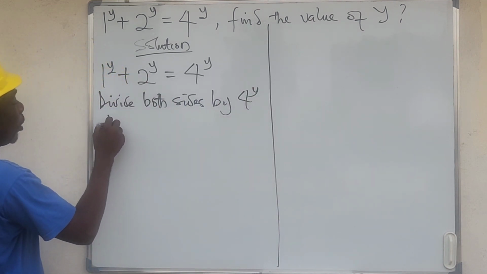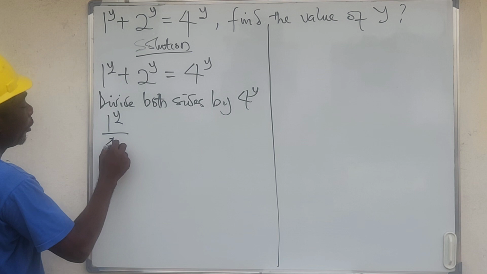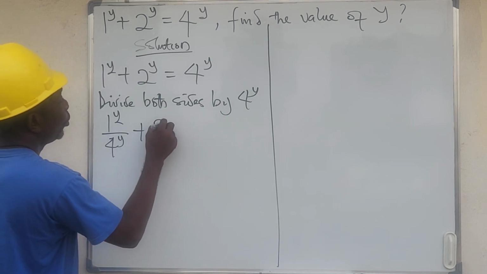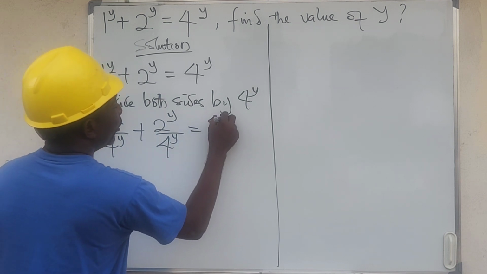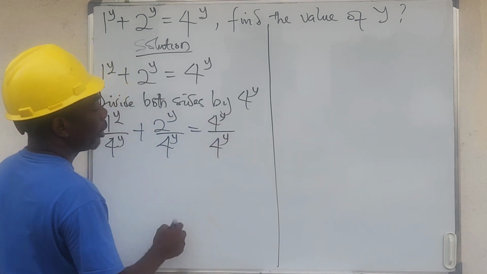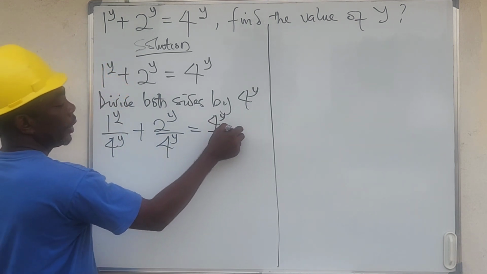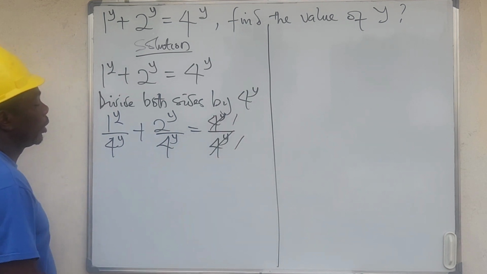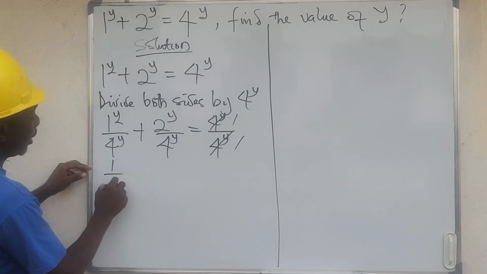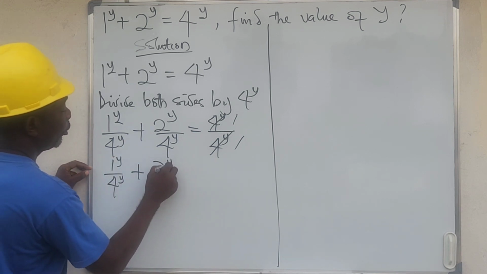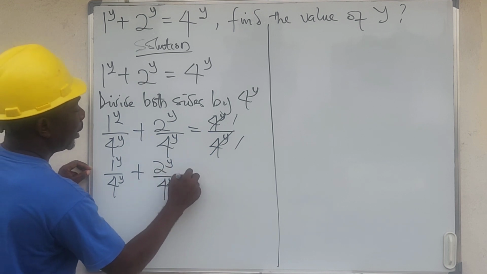So here will become 1 raised to the power of y all over 4 raised to the power of y plus 2 raised to the power of y all over 4 raised to the power of y equals 4 raised to the power of y all over 4 raised to the power of y. Here, this will cancel here 1, this will cancel here 1. So we are now left with 1 all over 4 raised to the power of y plus 2 raised to the power of y all over 4 raised to the power of y equals 1.